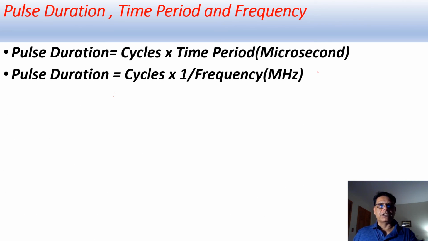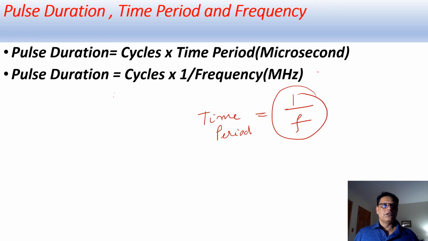So pulse duration and time period: in the previous lecture we discussed that the time period is the reciprocal of frequency. So in this formula, pulse duration is equal to number of cycles multiplied by time period.